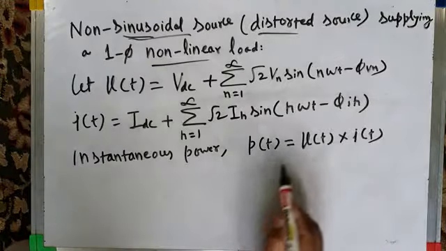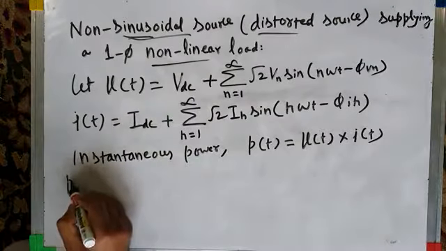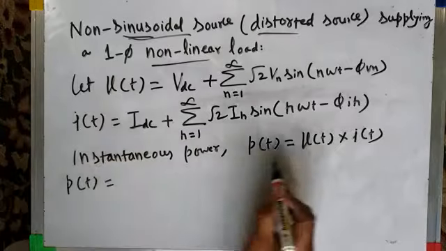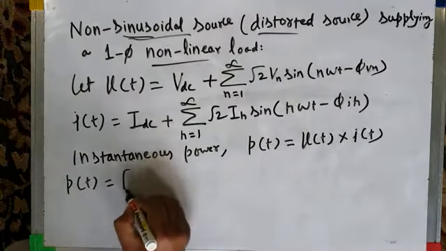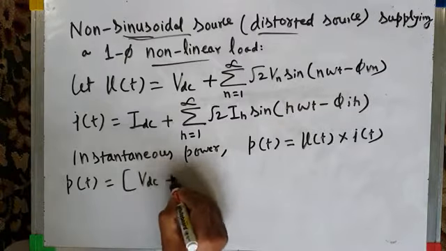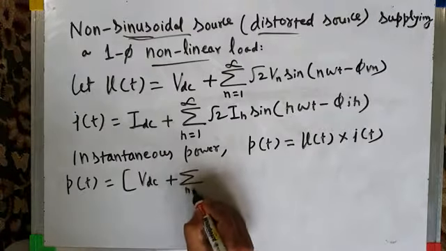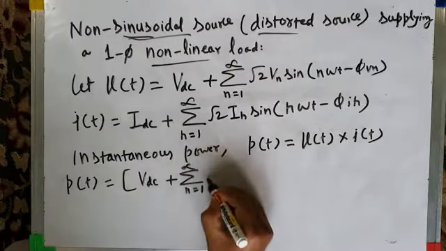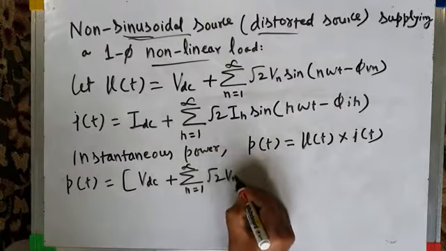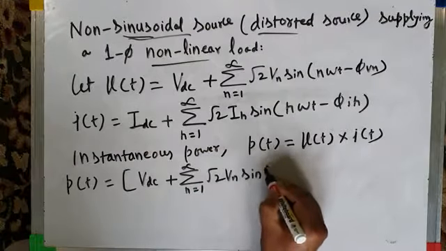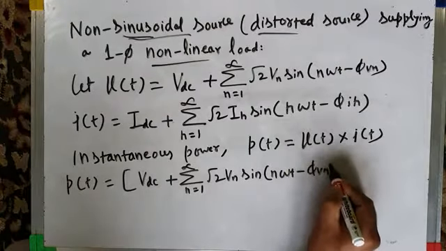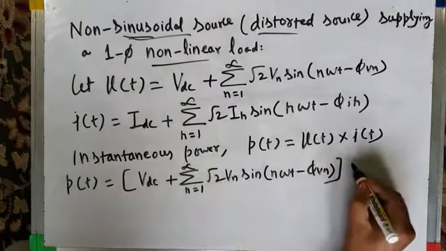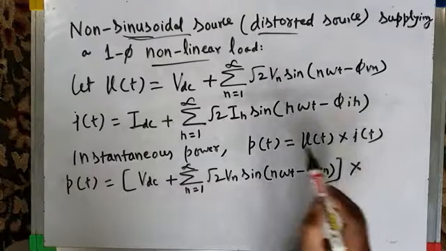Simple. So what is v(t)? I will write here p(t) is equal to, your applied voltage is distorted, that is given by this expression. So it is VDC plus summation n = 1 to infinity of root 2 Vn sin(n omega t minus phi Vn). This is voltage multiplied by i(t). What is i(t)?